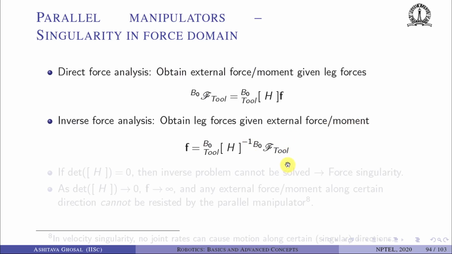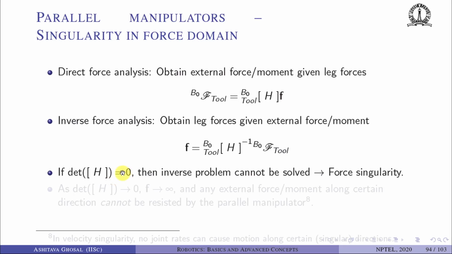If the top moving platform of a Stewart platform is experiencing an external force and moment, what forces are required in the prismatic joints to keep it in equilibrium? The answer is F equals H inverse times that force and moment. So there is an inverse coming in.